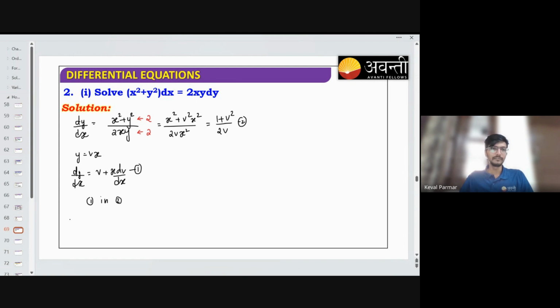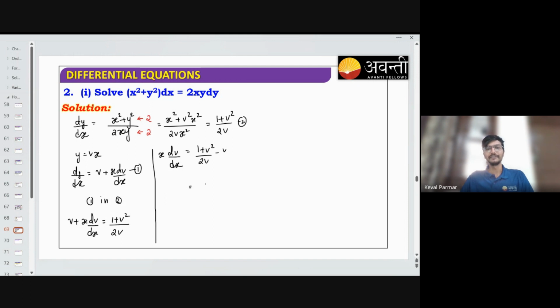So what I'll be left with is v plus x dv by dx is equals to 1 plus v square upon 2v. So let's simplify. So if I take v on the right hand side, I'll get x dv by dx is equals to 1 plus v square upon 2v minus v.